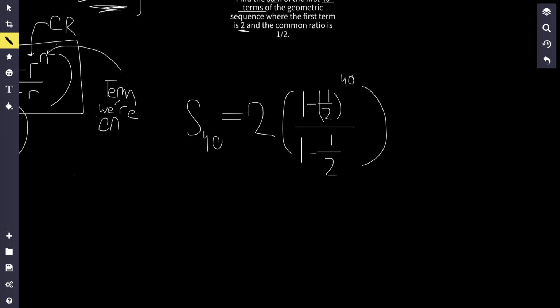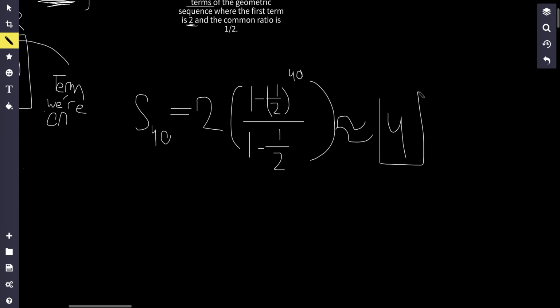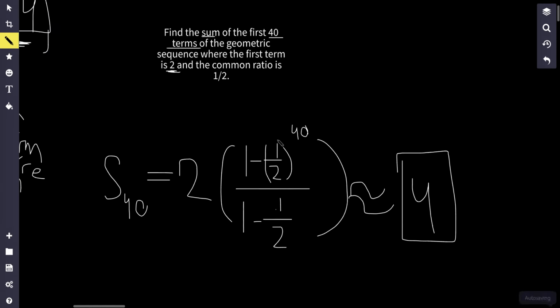So this is going to be this. 1 minus this. 2 times, divided by 0.5, and it's going to be equal to 4. So this is going to be approximately 4. All right. And that's going to be our answer.